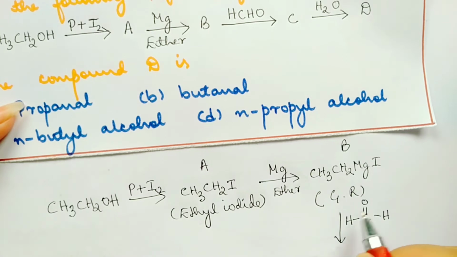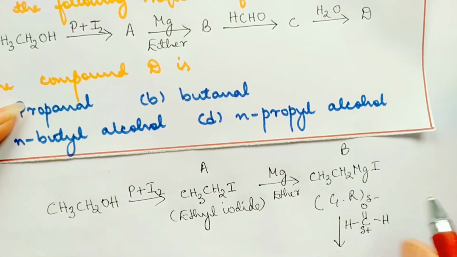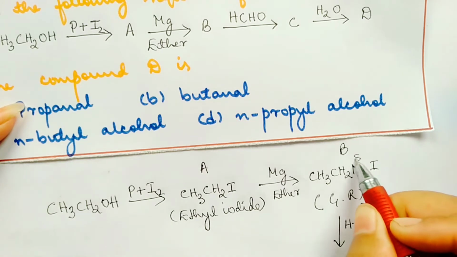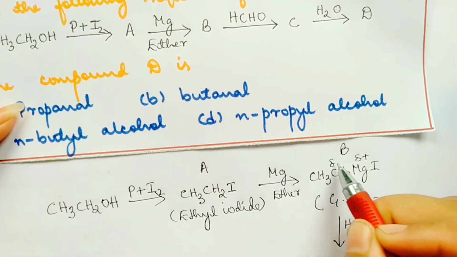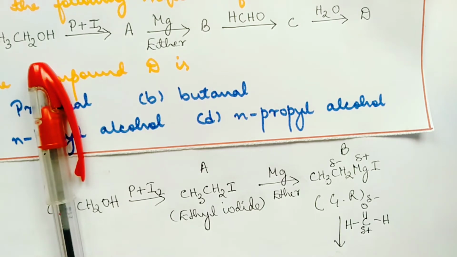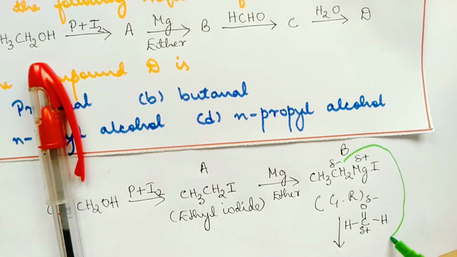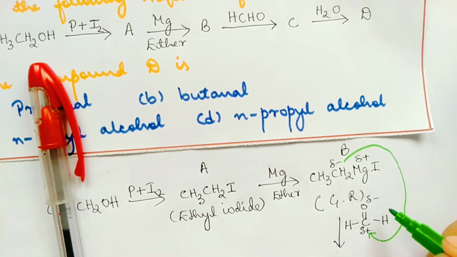See here, oxygen is more electronegative than carbon, so carbon bears a partial positive charge. Here we have partial negative. This is a metal, so obviously it is partial positive. This is partial negative. Now here, the negative part goes to attack this partial positive carbon.